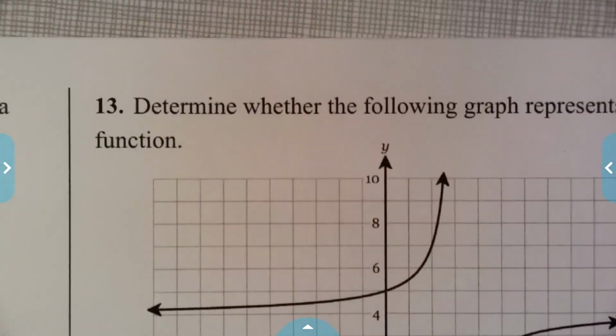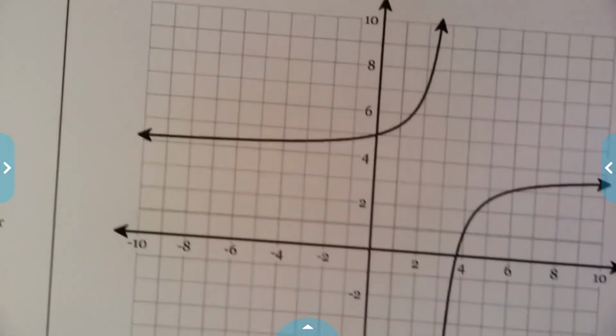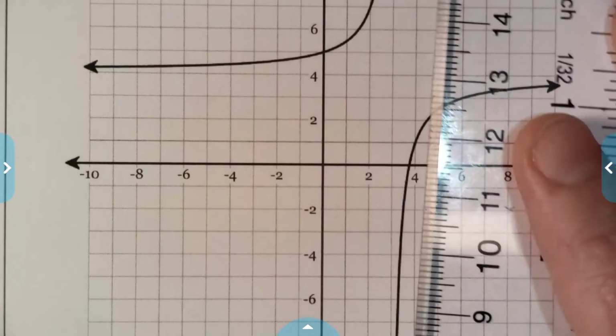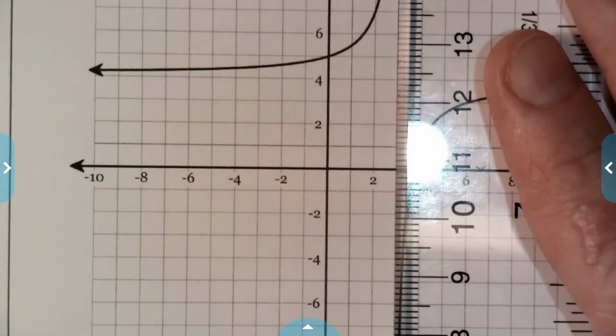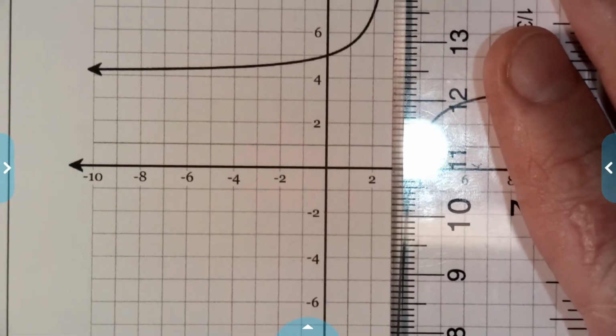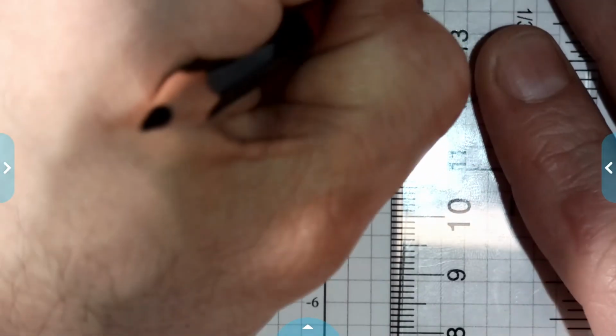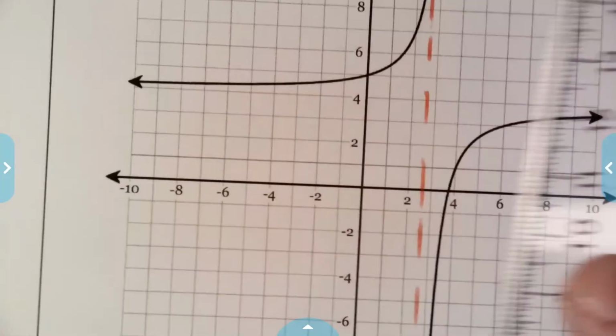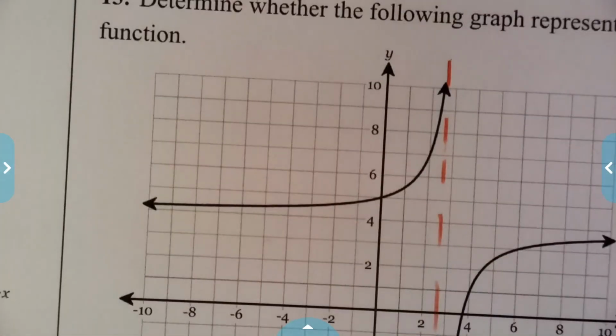Now, number 13 can be a little tricky. It is actually a function. So these are called asymptotes. These are boundaries, so they don't ever cross here or here.